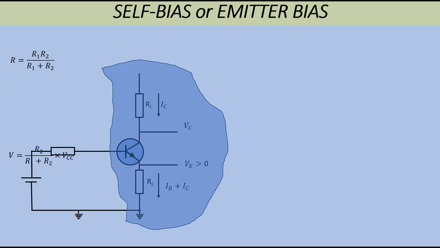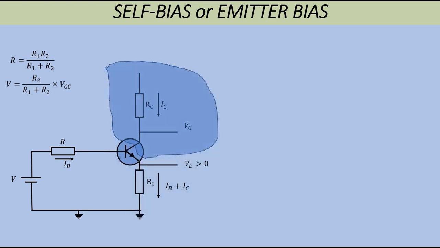Right, now I'll just move these out of the way and put the symbols V and R into our circuit in order to proceed with the next part of the calculation, which is to provide us with an equation for determining the base current. So we're going to consider this part of the circuit where we've essentially got a power supply V in series with the resistor R applied across the base emitter of the transistor, and the emitter is now in series with the resistor RE, forming a circuit.